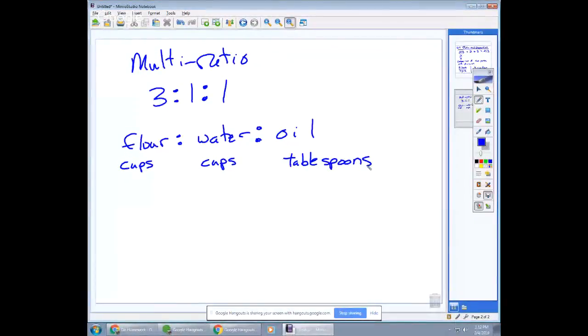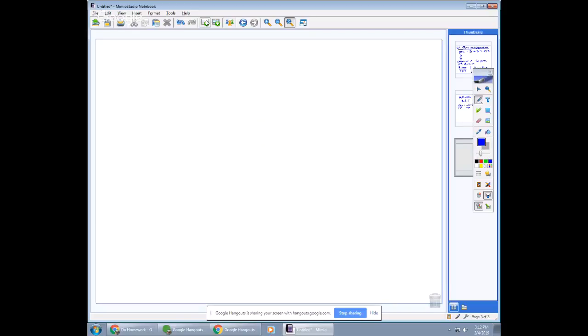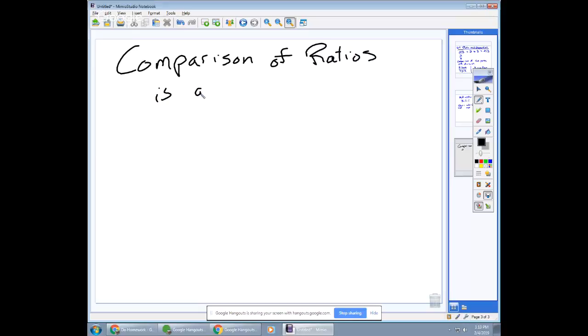Now, when you take a ratio and you compare it to another ratio, that's when you get a proportion. So a comparison of two ratios is a proportion.